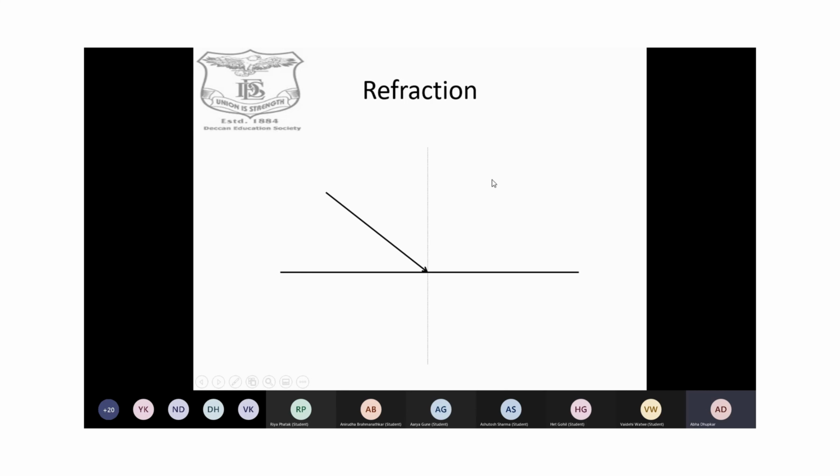So depending on the densities of these two media, you are going to get refraction of the wave, which means that the angulation between the refracted ray and the normal is going to vary depending on the density of the medium. If the medium is rarer than the first medium, then what will happen to the refracted ray? Will it move farther away or closer to the normal?